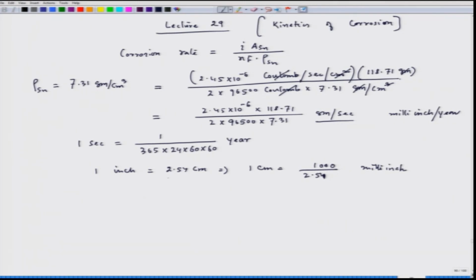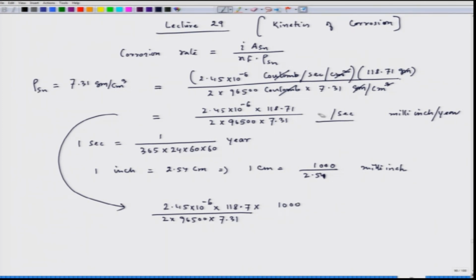So, now I will put these values here. 2.45 into 10 to the power minus 6 into 118.71 divided by 2 into 96500 into 7.31. Sorry, we made a mistake here, it should be centimeter because only this part is left out.